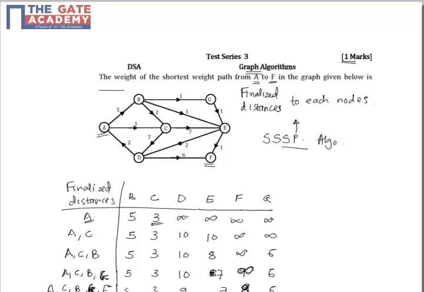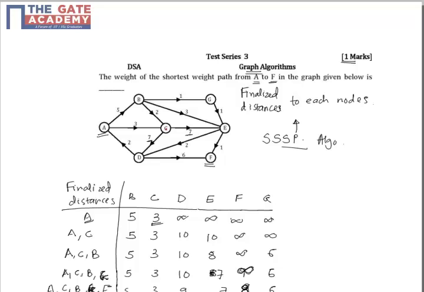So we have finalized the distance to C from A, and that distance is 3 units. Now we'll see whether there are any edges from C. There is an edge from C to E with weight 7, and an edge from C to D with weight 7.